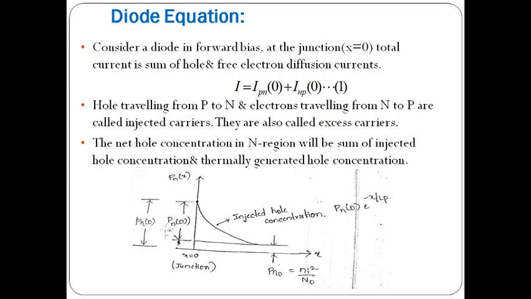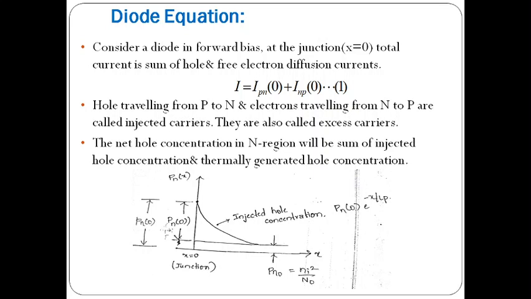In the previous discussion it was IPn of x. Instead of x we write 0, because the junction point is taken as x equals 0. So it is IPn of 0 plus INp of 0. I is the current, P is the charge carrier, and N is the type of region.